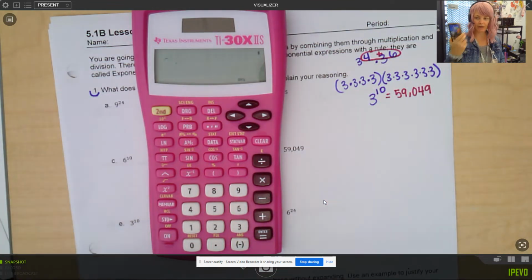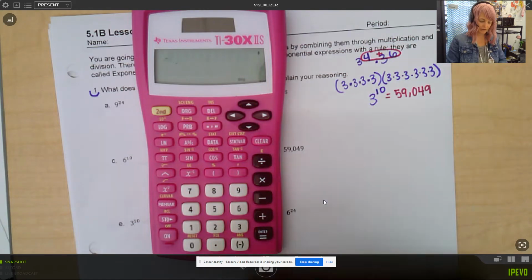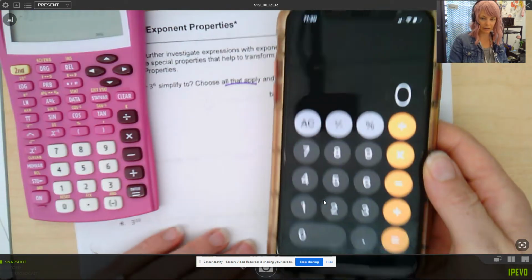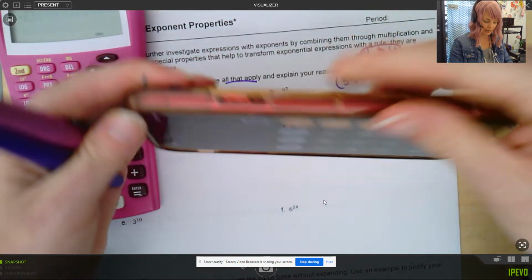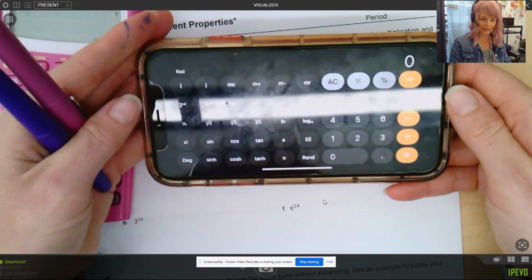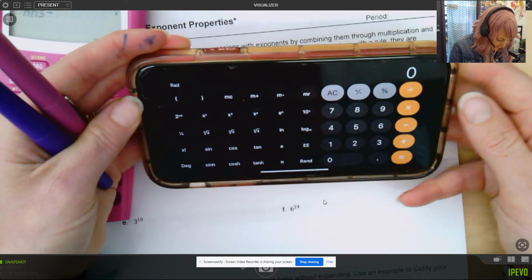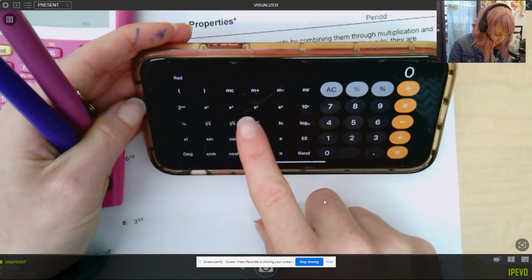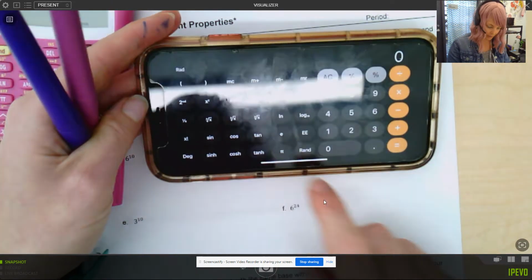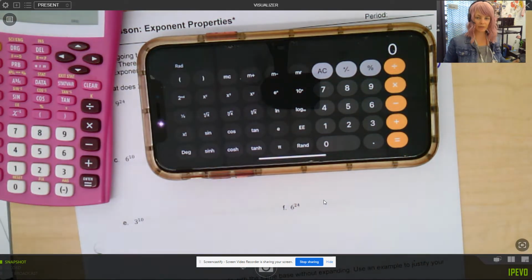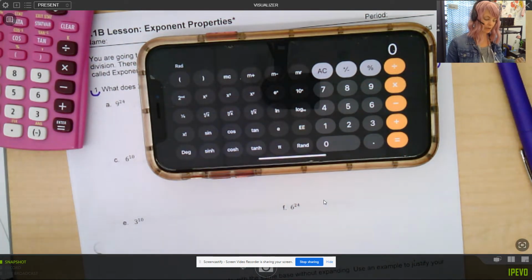If you have a phone, when you go to the calculator, you can turn it and it turns into a scientific calculator, and you have x to the y power. I always say when you're dealing with a new calculator, check a number you already know. Like we know 3 squared is 9.